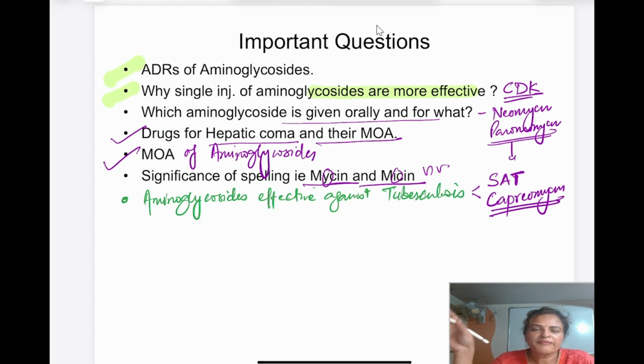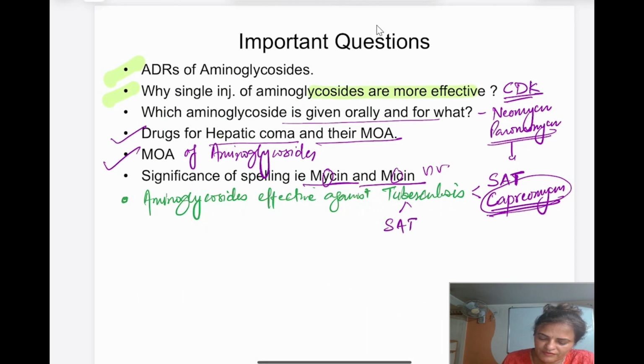Its mechanism of action and side effects are everything like an aminoglycoside, but we do not classify it under aminoglycosides. So for tuberculosis, remember it as SAT or CAT, either way, right?